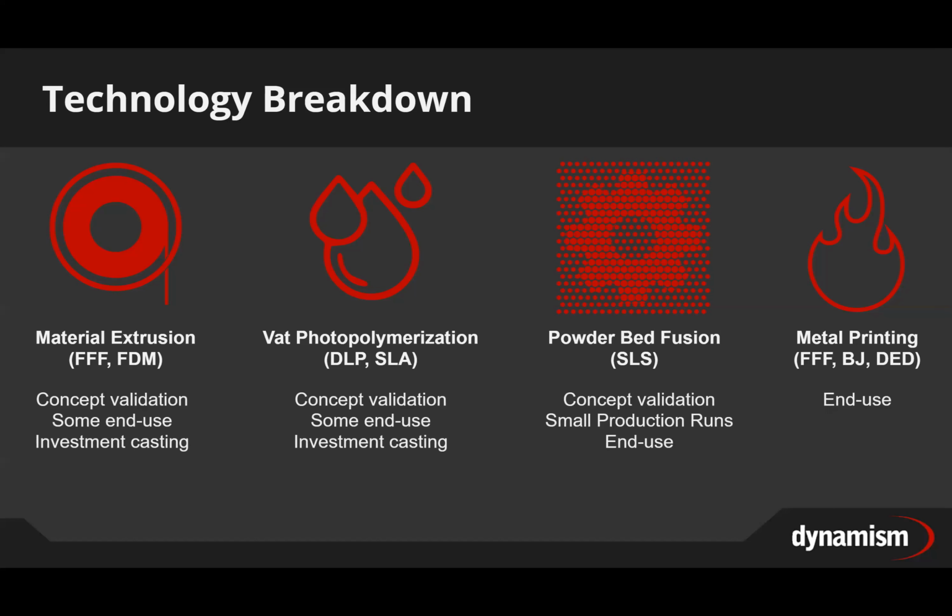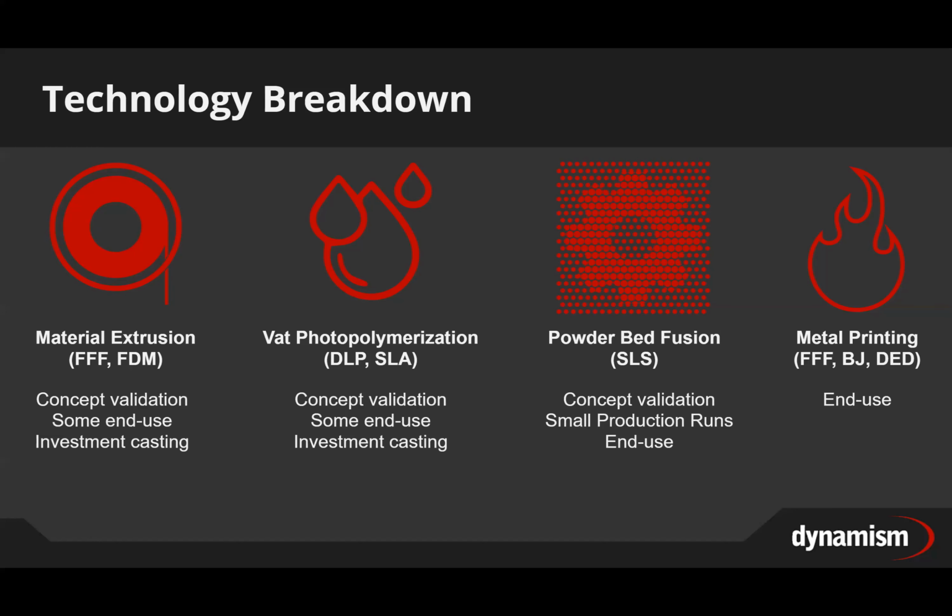In terms of how these can be used, on the material extrusion side: concept validation, some end use, and, like I said, investment casting. I think Polymaker has a PVB type material that can be used. It burns out almost 99.9% ashless.